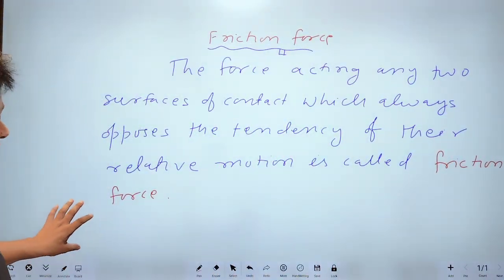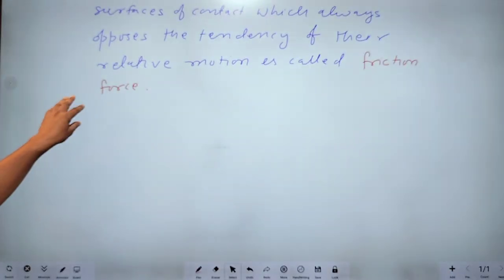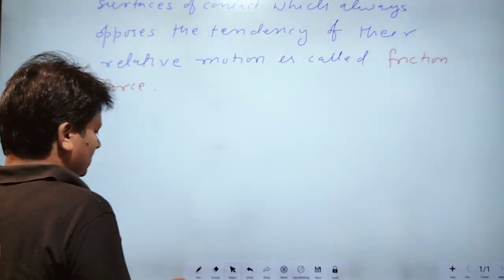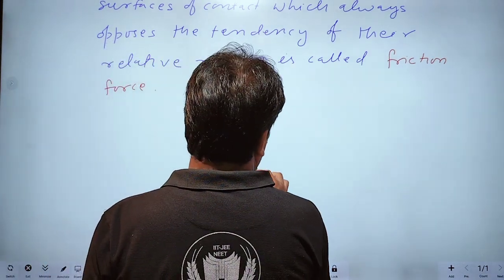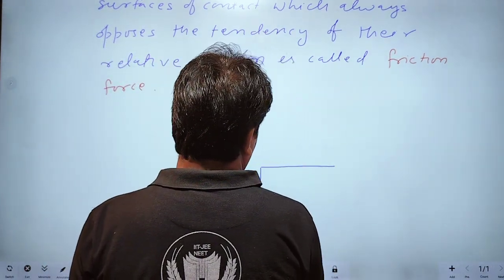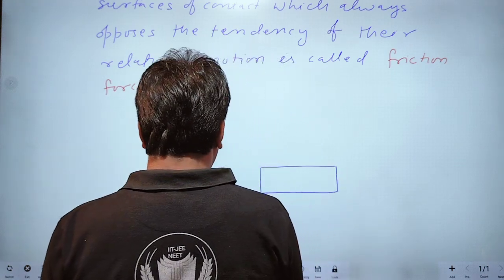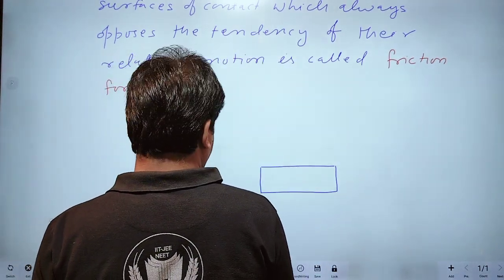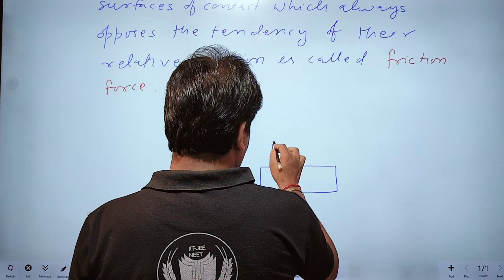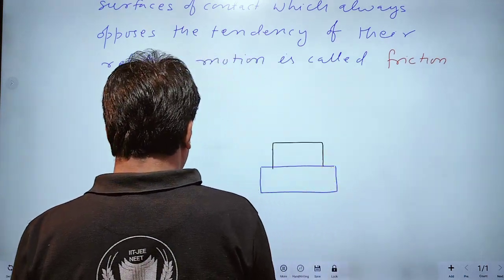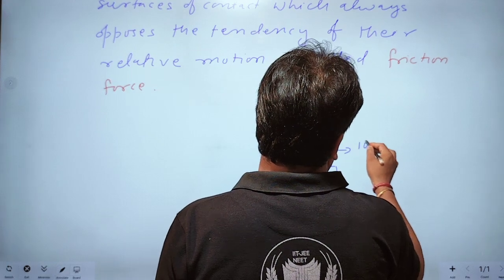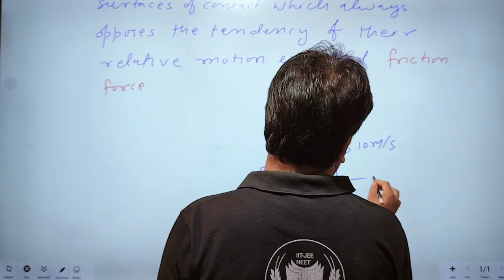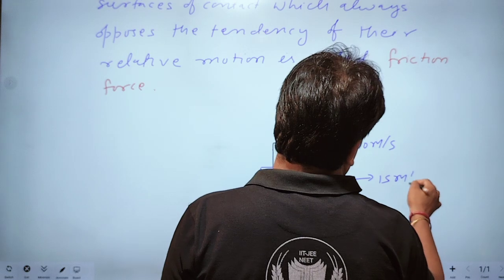Let us consider an example of two blocks which are moving in the same direction with velocities 10 meter per second and 15 meter per second.